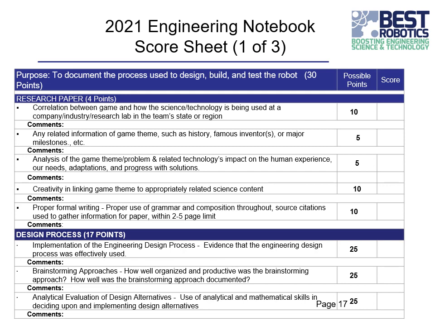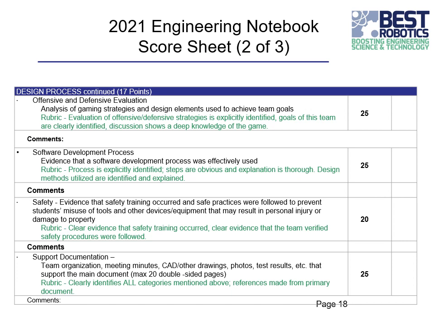Design process then goes through 17, and it continues on the next page. So design process is continuing, and we talked about the section of offensive and defensive, software development, safety, and support documentation is under this one also.